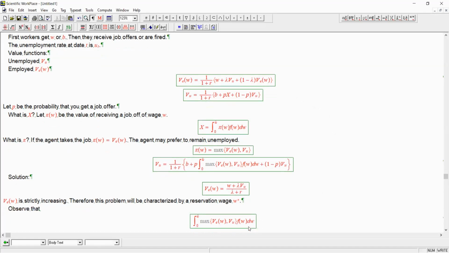I can subtract any constant from both sides, as long as I add it back at the end. And so I've decided I'm going to subtract VU from both sides and add it outside. It's not going to change the behavior of this agent. Of course, this then becomes simply 0.